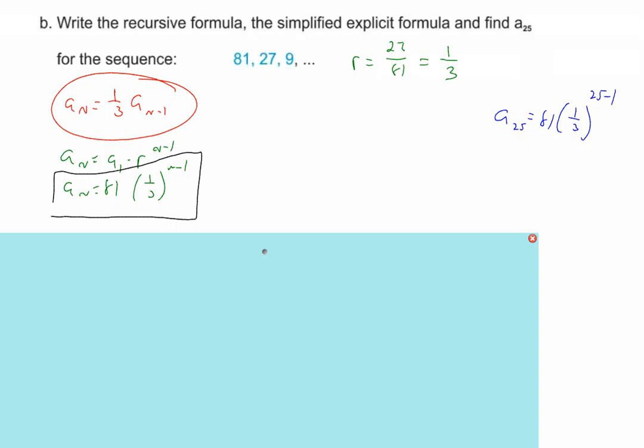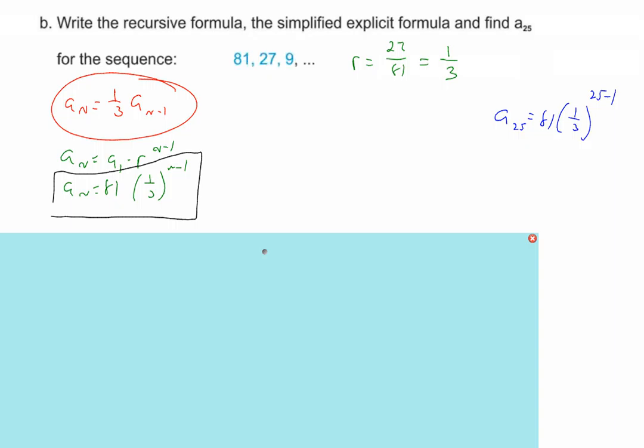If I were doing the question and I didn't know how to simplify that, then at least I would finish off and get a sub 25, right? Again, all recursive, piece of cake, knowing r. So that's the explicit formula, but it's not simplified yet. You have to simplify that, which is what we really want. But you can use it in that form if you don't know how to simplify it.